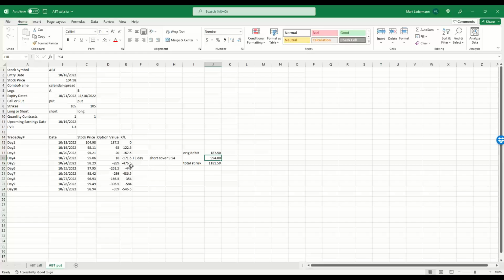And then if the stock continues to go down, down, down, this trade could turn actually profitable, okay? Because you only own the long put now, okay? Even though you've got $1,181 invested, you only own the long put, and that put could become valuable if the stock falls far enough.